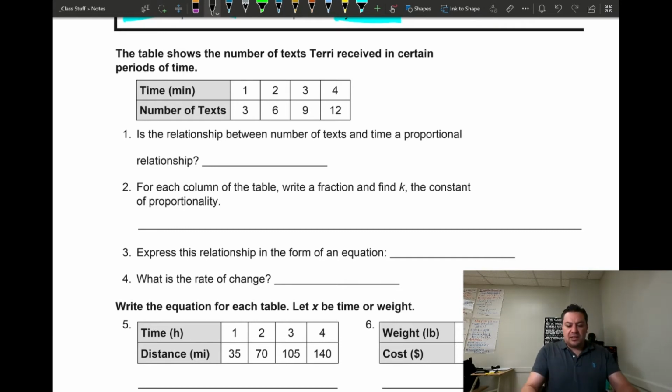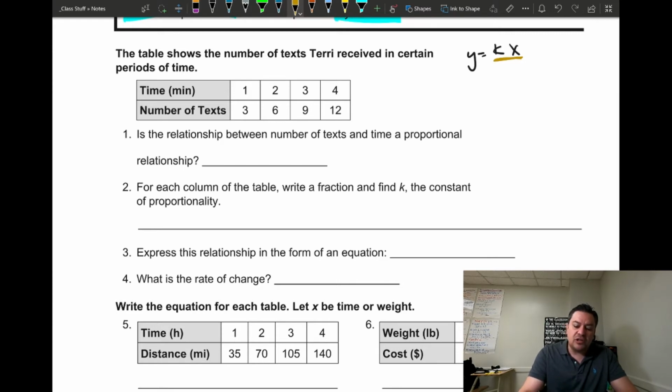If we look at the equation y equals kx, we can solve for k and get another equation that will give you how to find the value of k. These two right here, they're multiplying. And if I want to leave k by itself, I have to get rid of that x.